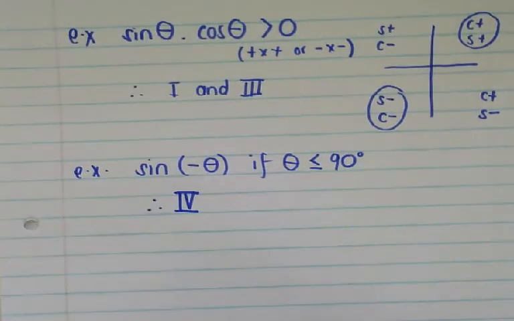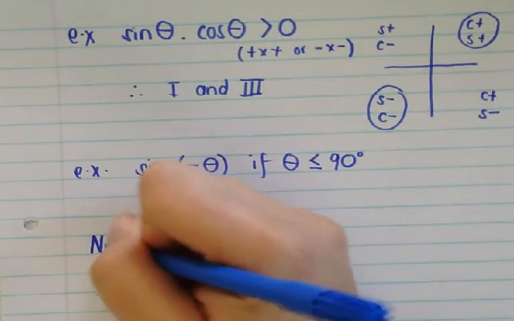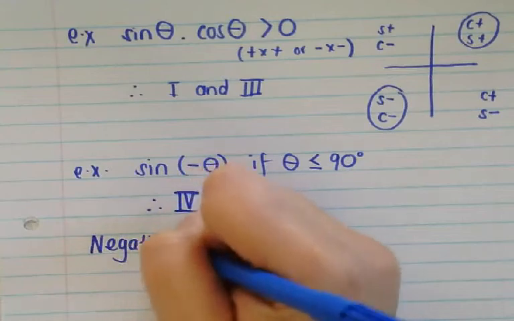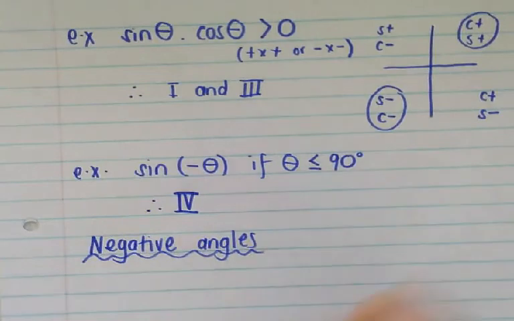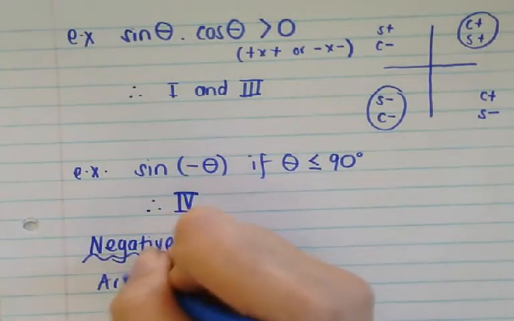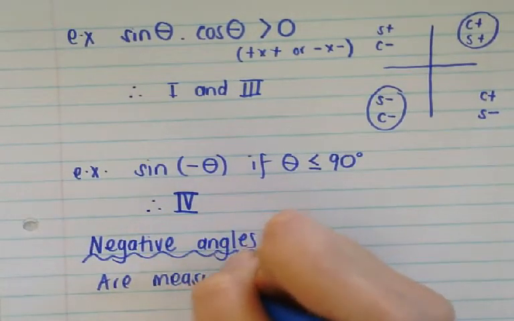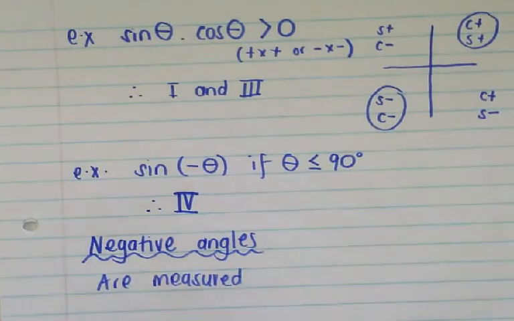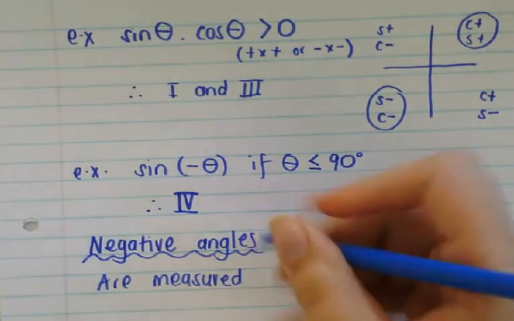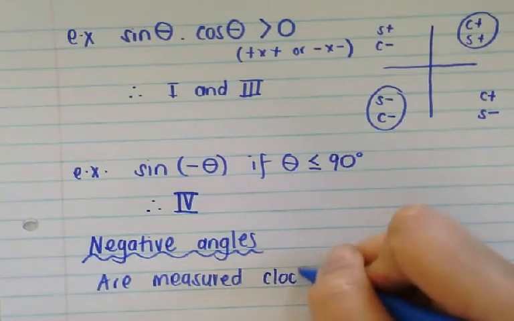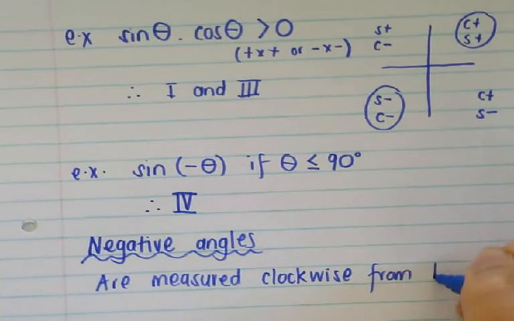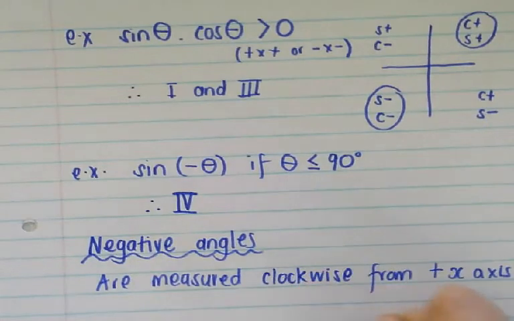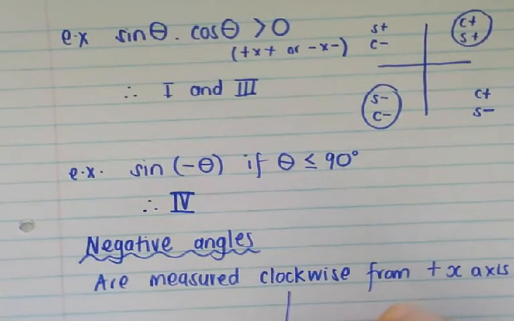Okay, negative angles. Negative angles are measured in a clockwise fashion from my positive x-axis. So just to remind ourselves, that means we're going in that direction.